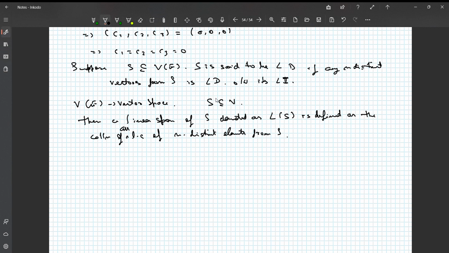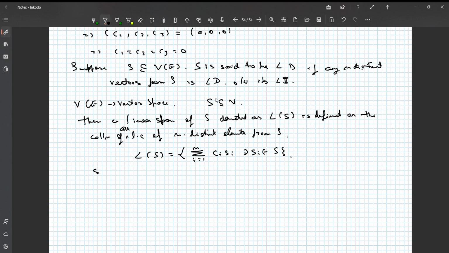So you can think of it like this. L(S) is the set of summation i equals 1 to n of ci si, such that each si belongs to S. So things are much simpler if S is a finite, countable set. In case of countable sets, it's very easy to think of things like this.